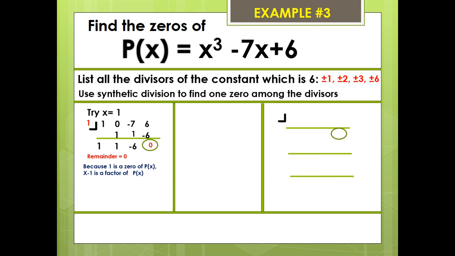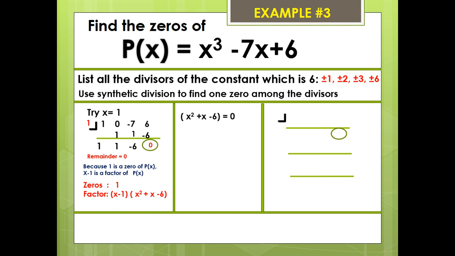Kailangan pa natin makita yung dalawang solutions natin. So, zeros is 1, and the factor is x minus 1, and x squared plus x minus 6. Saan galing yung x squared plus x minus 6? Doon yan sa answer natin sa synthetic. Ginawa natin siyang polynomial. So, yung x squared plus x minus 6, equate natin sa 0, then proceed in factoring.